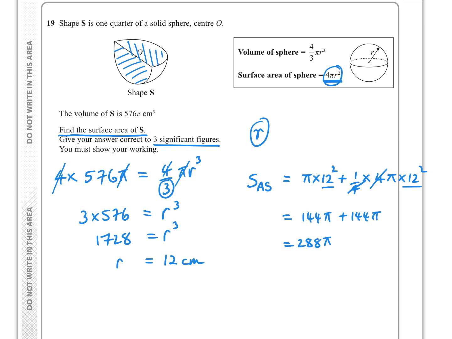So 288 times pi on my calculator is 904.7786842, and it wants it to 3 significant figures, so I'm going to say 905 centimetre squared, and then I'm going to put 3 significant figures in here.